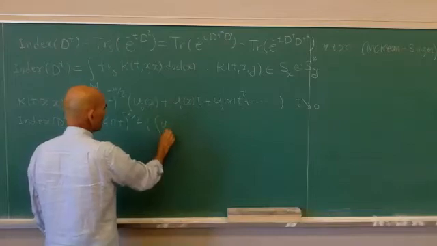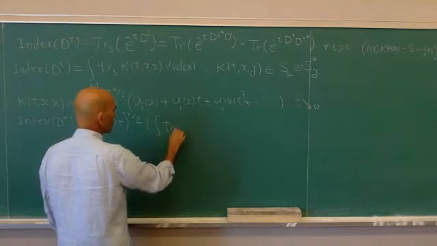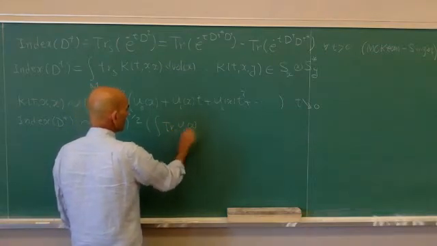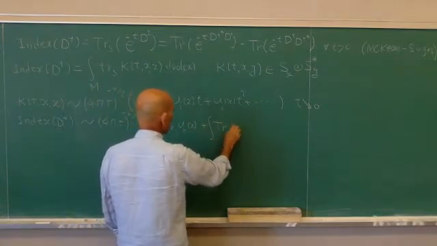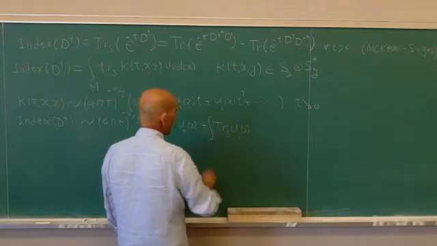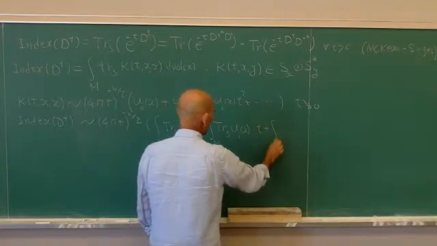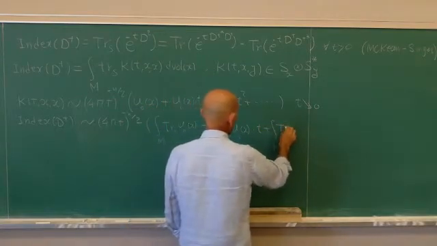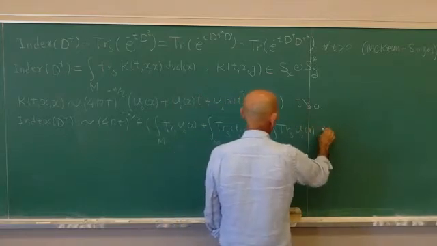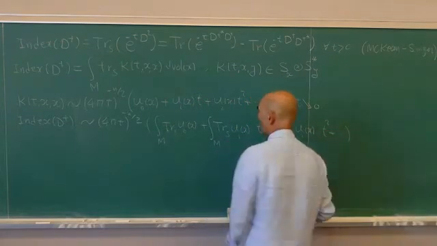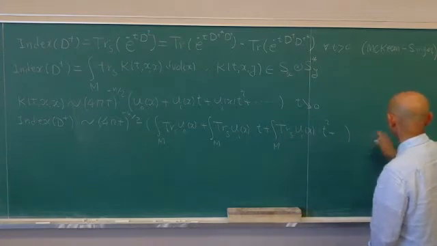Now we have to apply supertrace, I mean, little supertrace to each of those: the integral of supertrace u0 of x over M, plus the integral of supertrace u1 of x over M times t, and supertrace u2 of x times t squared, and so on.